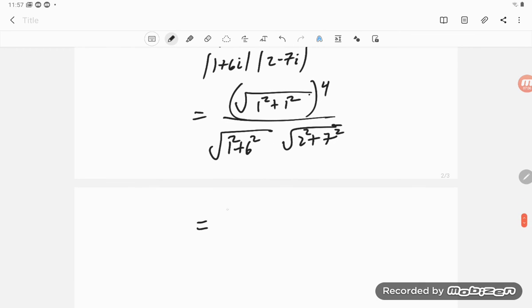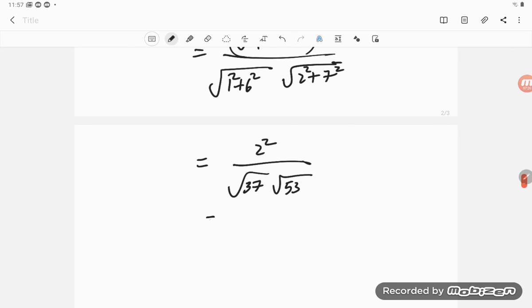And so this is square root of 2 to the 4th, so that's actually 2 squared, all divided by the square root of 37 times the square root of 53, since 49 and 4 is 53. And so I get 4 over the square root of 37 times the square root of 53. So there we go. There's an absolute value with complex numbers.